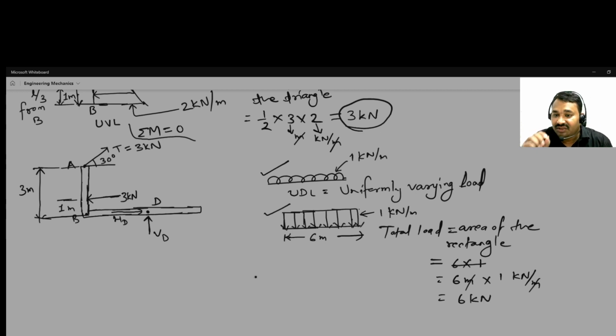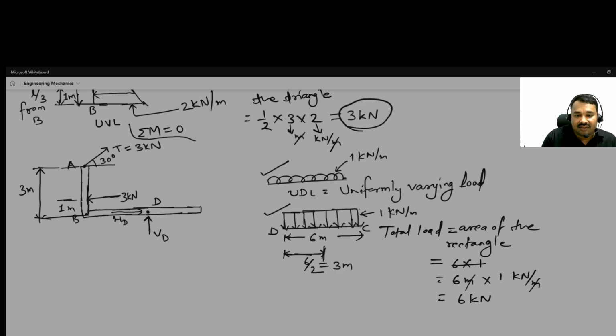Okay, so this distributed load is now converted into point load, and where it is acting, so definitely this is C, this is D. So it is acting at the mid, 6 by 2, of this span of the length, which is equal to 3 meter.